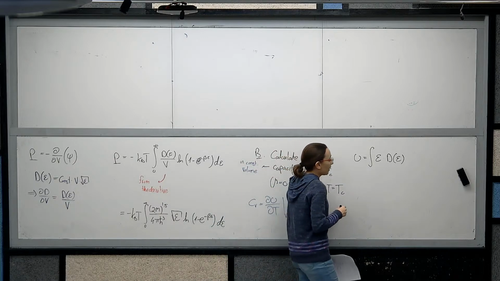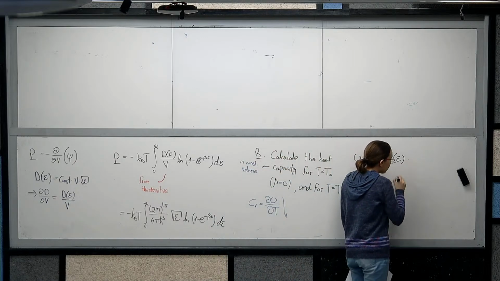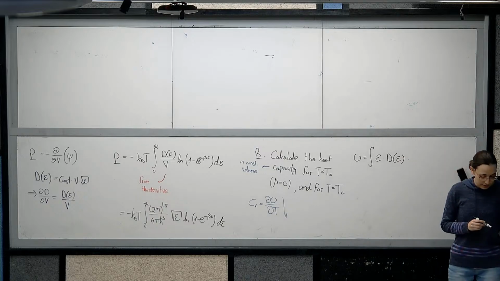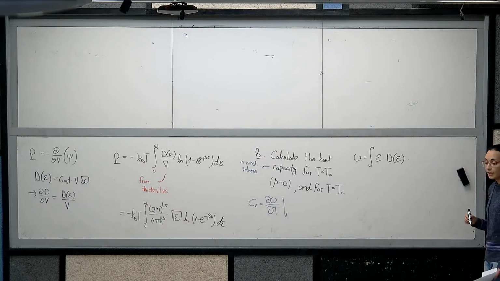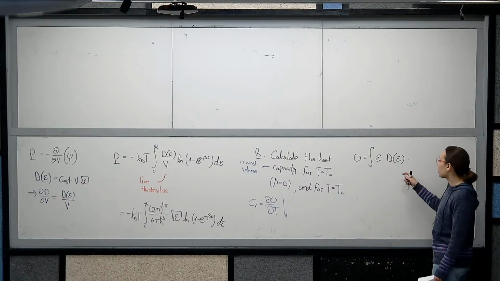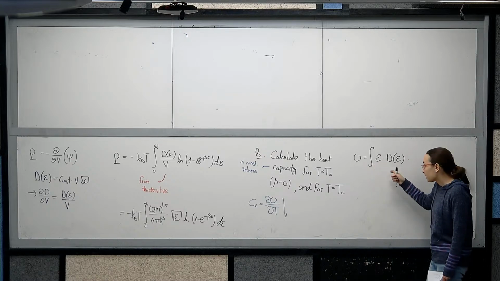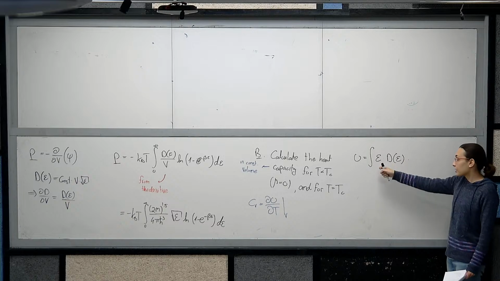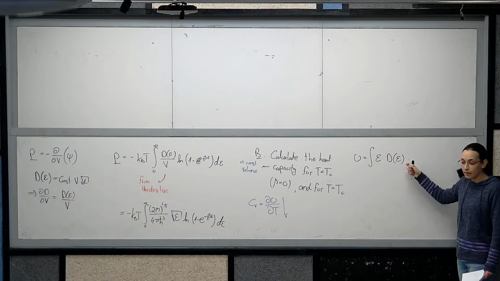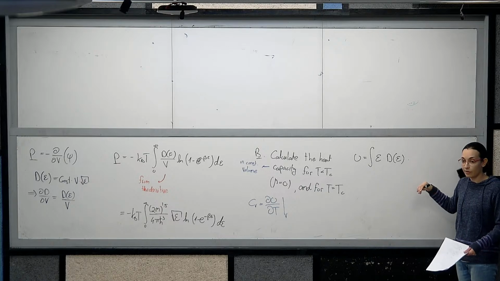But here we need to insert as well the Bose distribution that tells us how many particles we can find in each energy level. Each energy level contributes this epsilon term times the number of particles that are in this energy level.